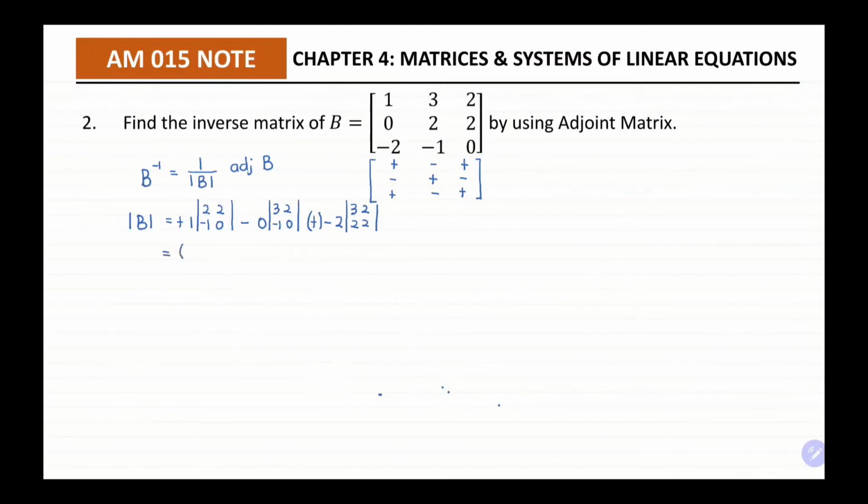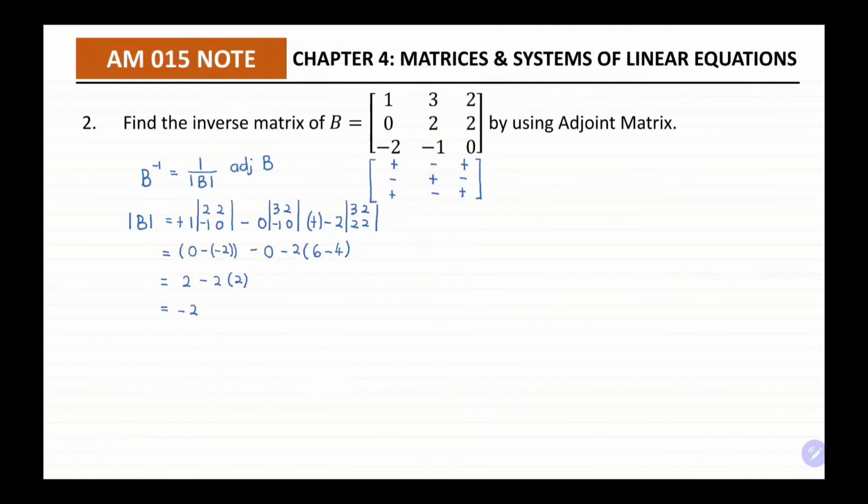So 0 minus negative 2, this one always 0, minus 2, 6 minus 4. So we get 2 minus 2 times 2. So 2 minus 4, we get negative 2.